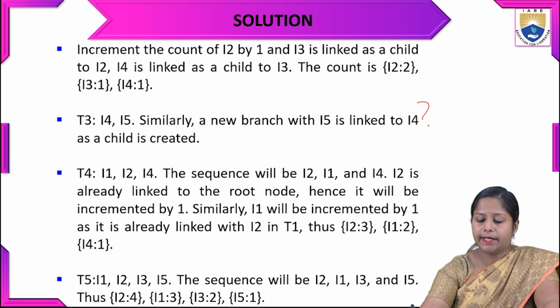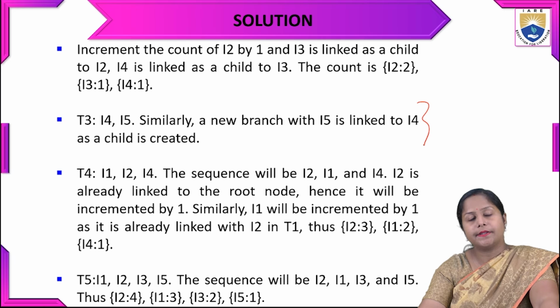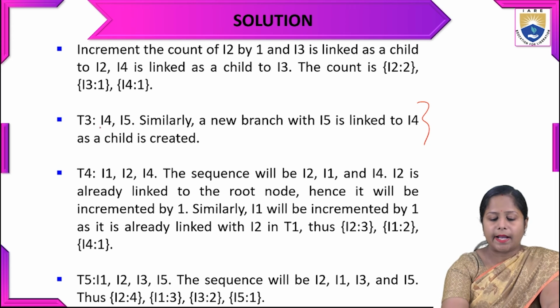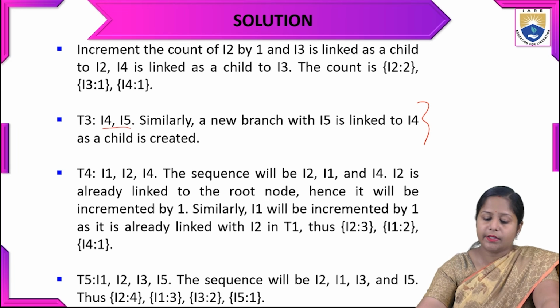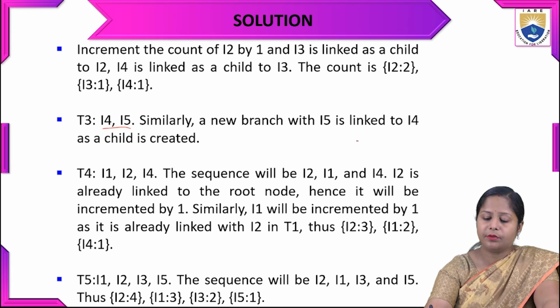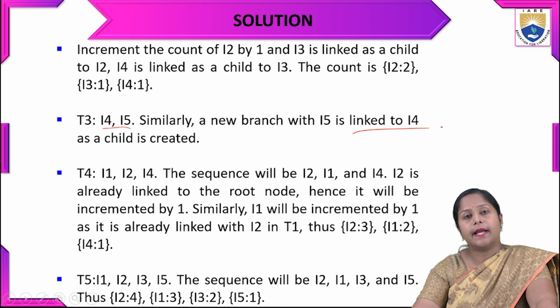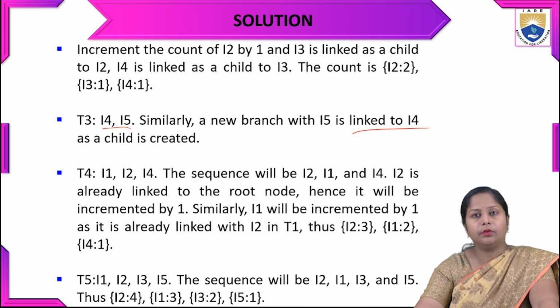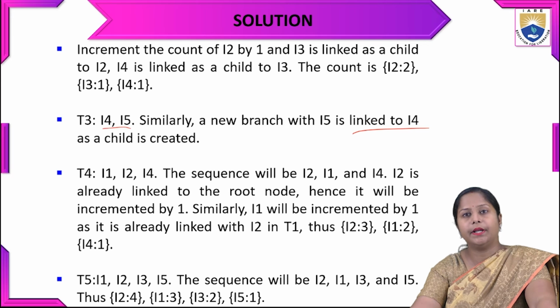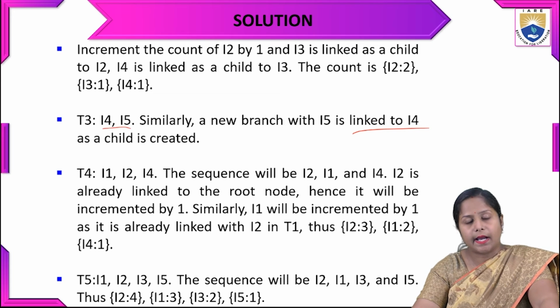Now in the third transaction, T3, I4 and I5 have occurred. Similarly, a new branch will be I5 linked to I4, because that has not occurred in either of the earlier two transactions. So the child of I4 will be created as I5.